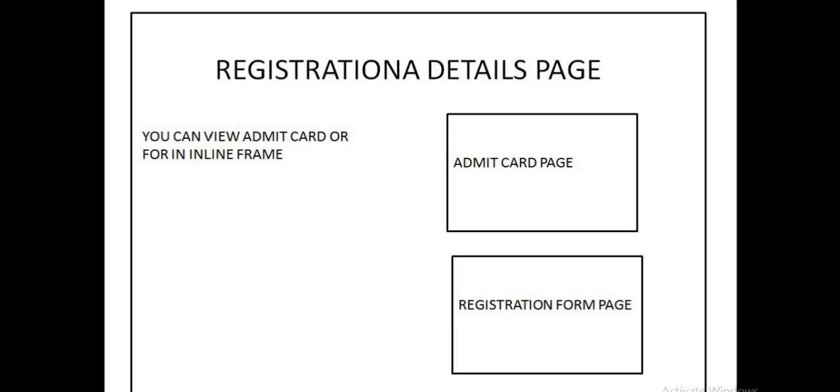So the user can use both of the things. If you want to submit or register your data, you can use the registration form page. If you want to view the admit card, you can use this. So we can use it along with other tags, and we should not use a frameset. So how we have to use it, let's go to the practical.